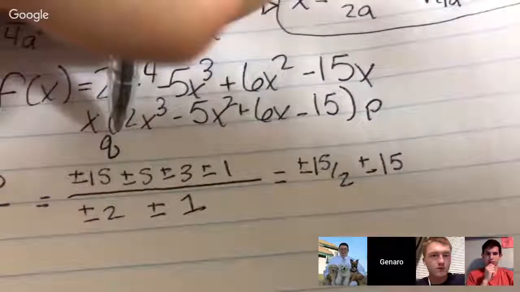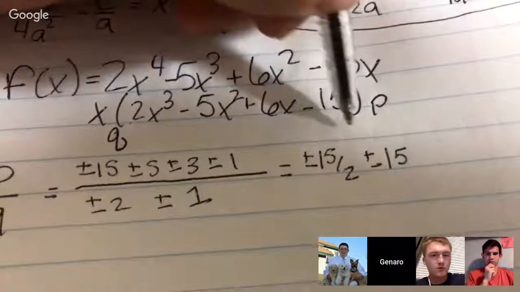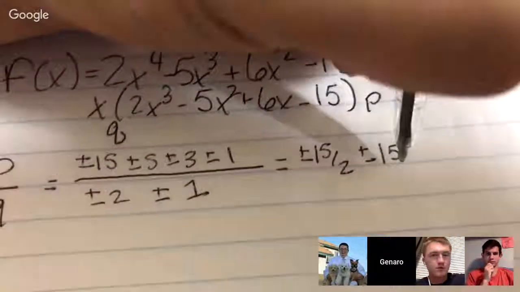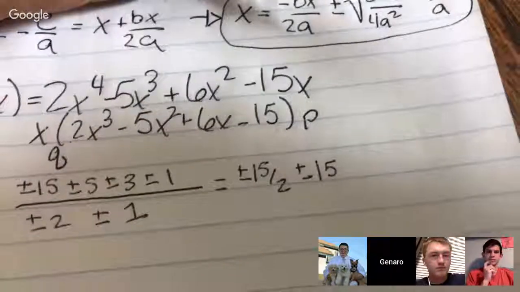Because you're using the first number and the last, right? Yeah. So 15 and 2. Oh, this can be a lot of them. Here, I'm going to put this down and do them.